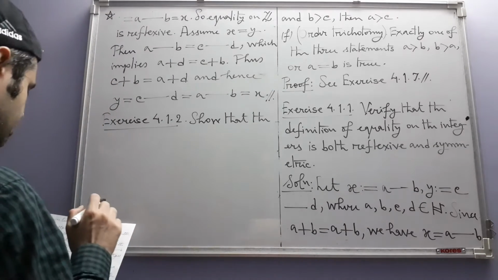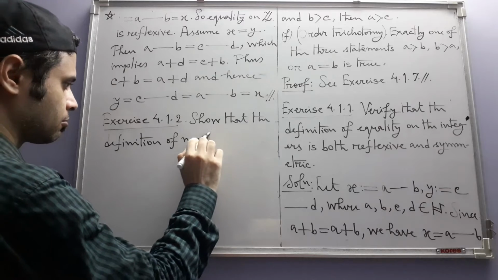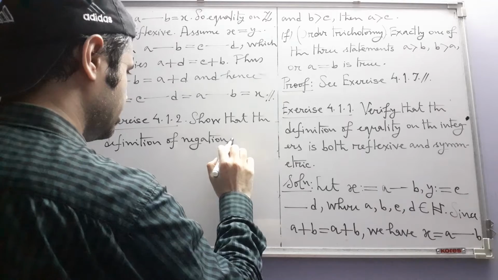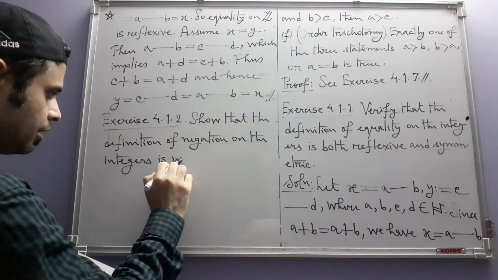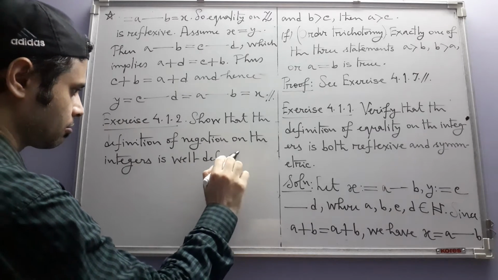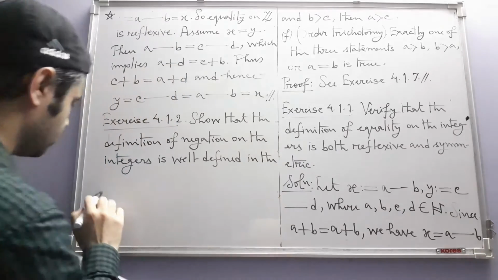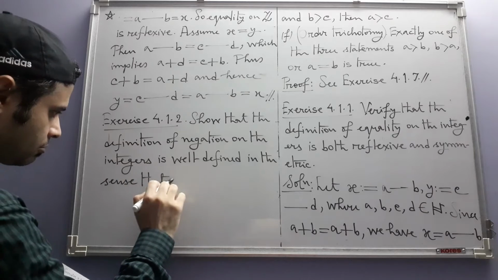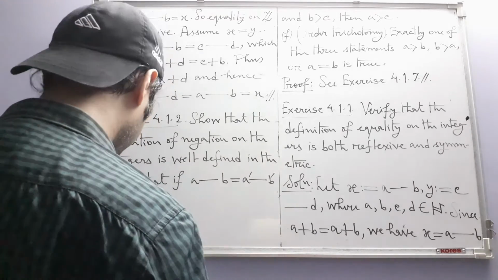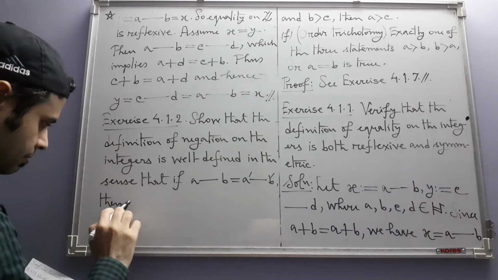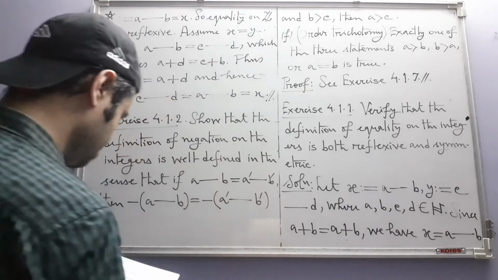Exercise 4.1.2. Show that the definition of negation on the integers is well defined, in the sense that if a dash b is equal to a prime dash b prime, then minus of a dash b is also equal to minus of a prime dash b prime.